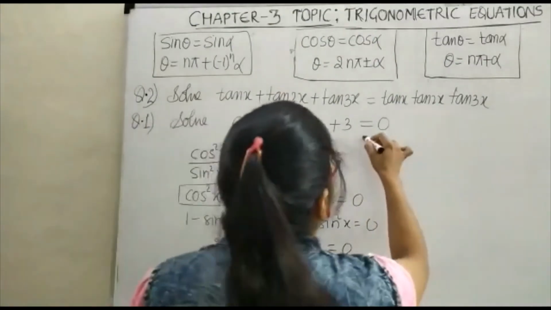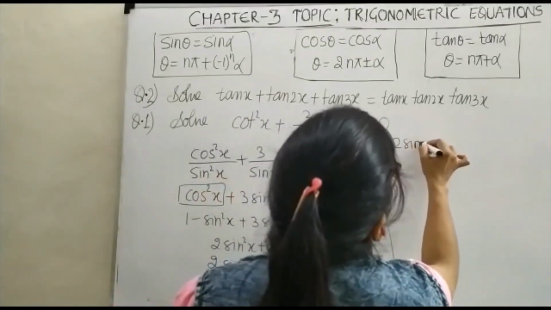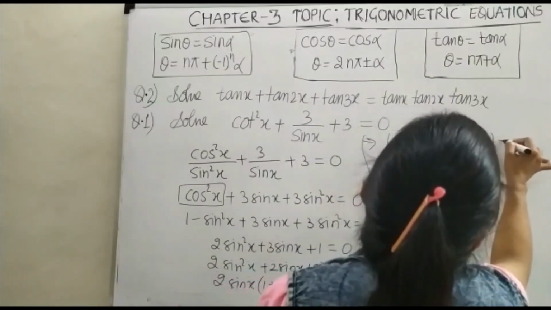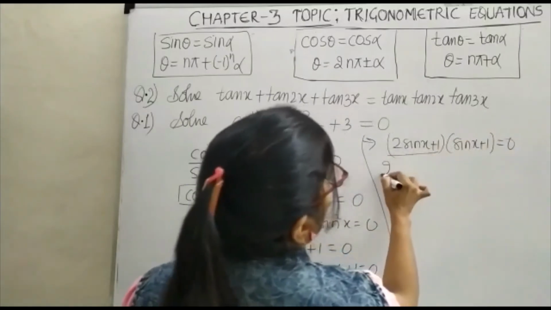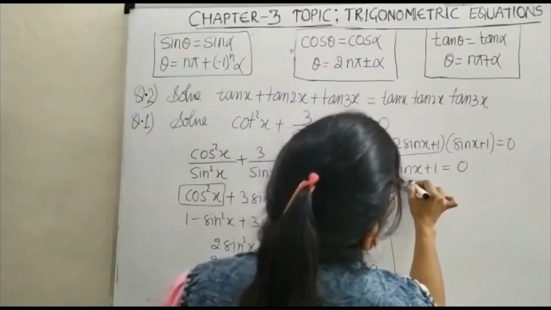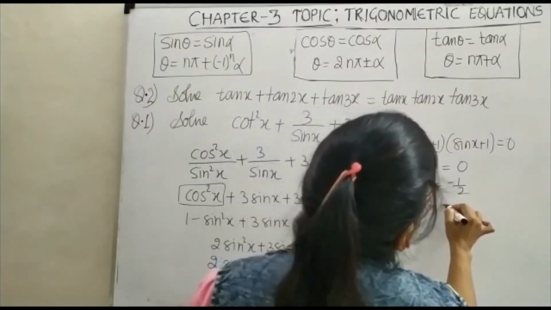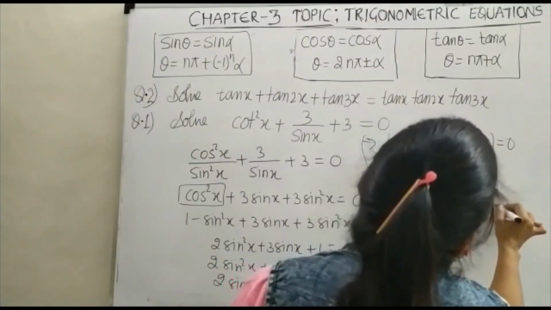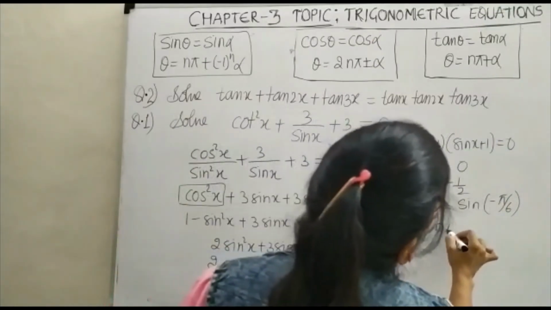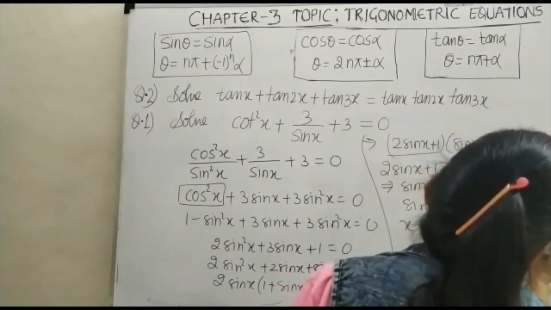So we are having here two factors, that is 2 sin x plus 1 and sin x plus 1 is equal to 0. जब आप ये factor लेंगे तो हो जाएगा 2 sin x plus 1 is equal to 0 implies sin x is equal to minus half, that is sin x is equal to sin minus π upon 6. इस केस में इसकी value हो जाएगी nπ plus minus 1 raised to n minus π by 6.